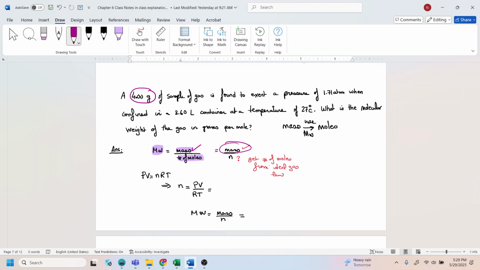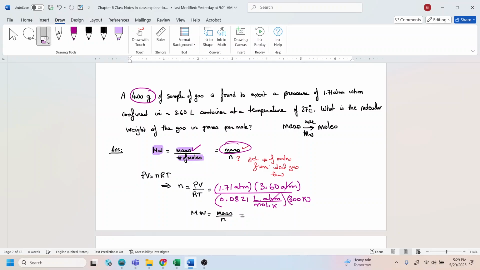We're going to go ahead and do the substitution. So that is 1.71 atmosphere multiplied by 3.60 liters divided by 0.0821 liter atmosphere. Again, by writing the units, you will always remember to convert the units if you did not. Here atmosphere and atmosphere, you can take those out. You do have 300 Kelvin.